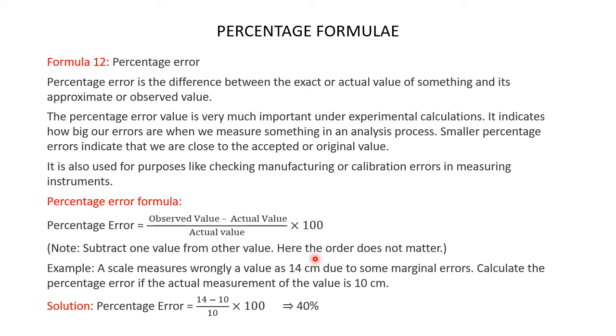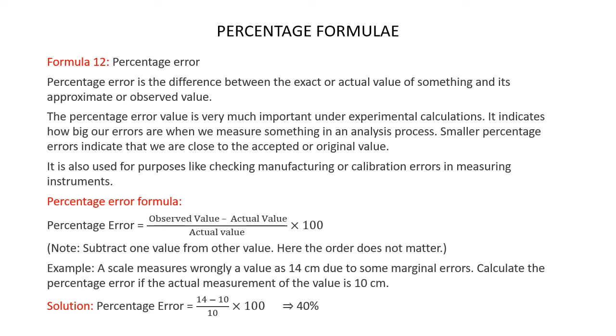Here the order does not matter. So in the numerator, you just have to subtract one value from the other value. The order does not matter. Let's use the percentage error formula to solve a problem so that you can understand the percentage error concept clearly.